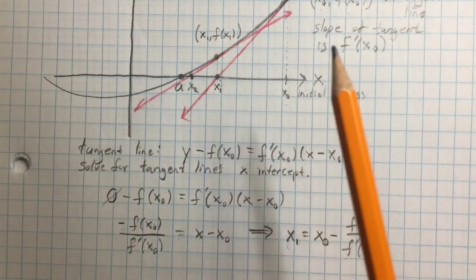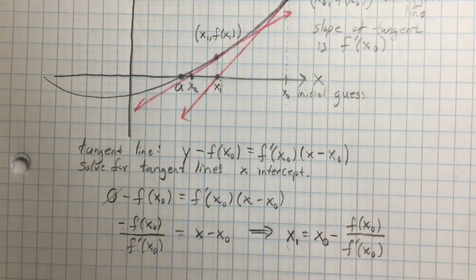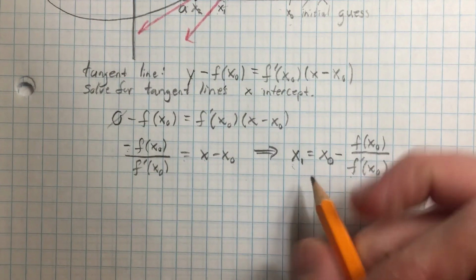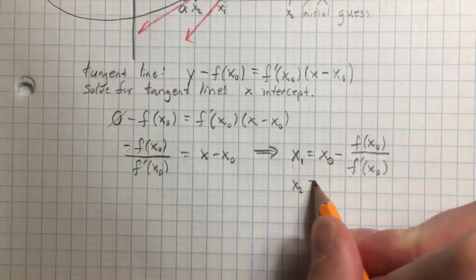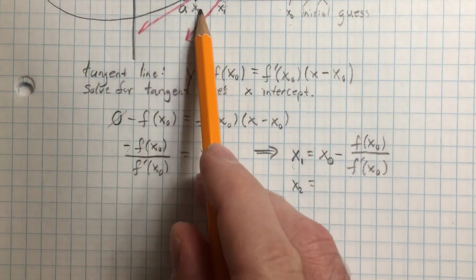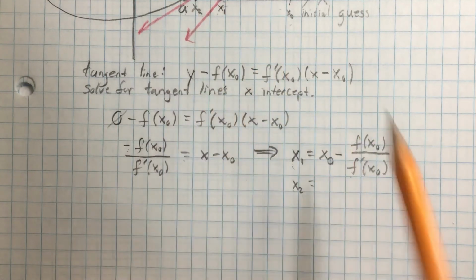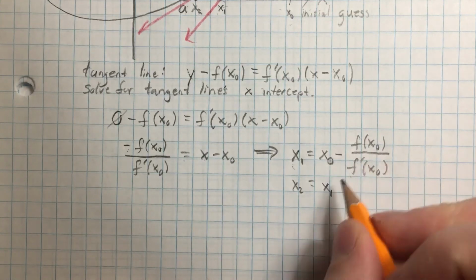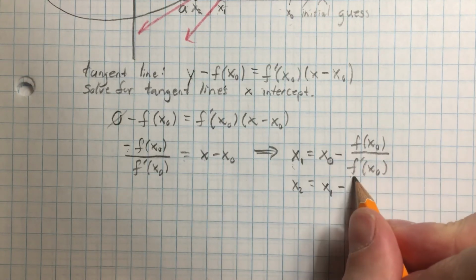If I do this again, if I take that number and plug it back into this formula, that means x2, the next one down the road, even closer to a, would be x1. Just fill in this formula with x1, the value I just calculated.